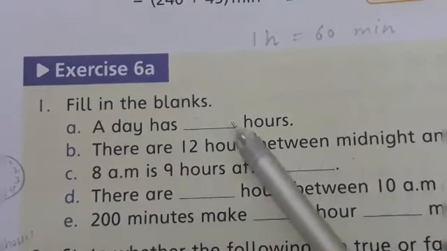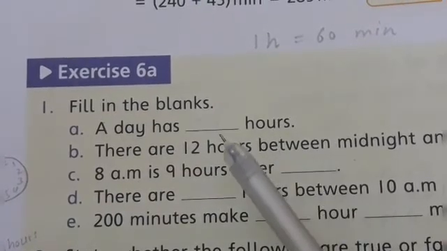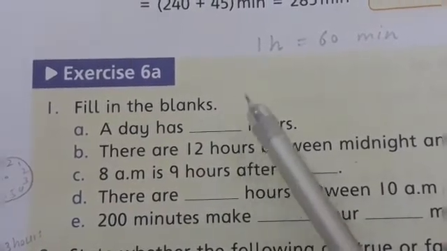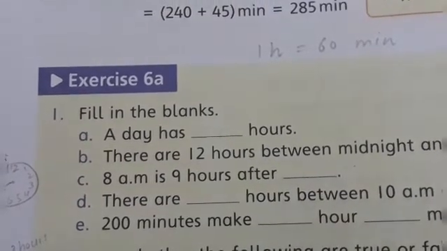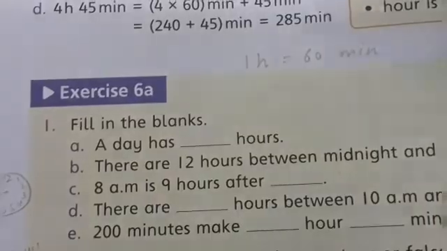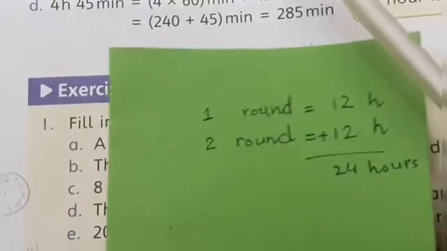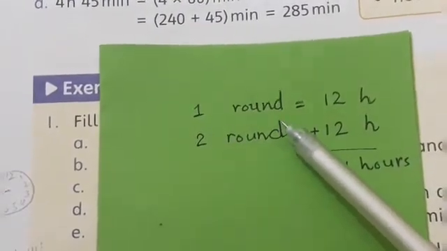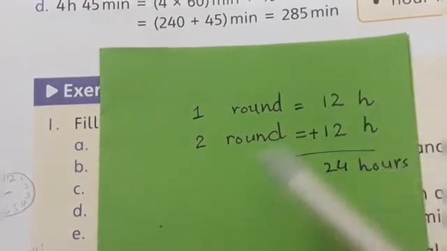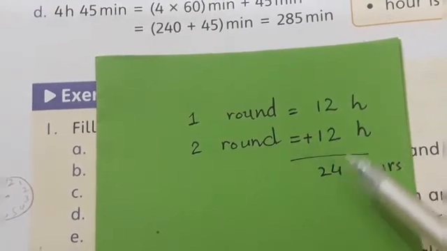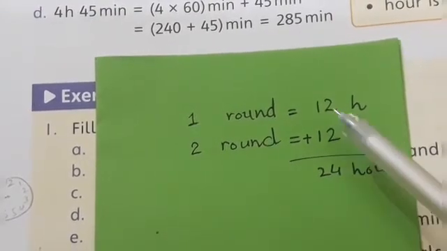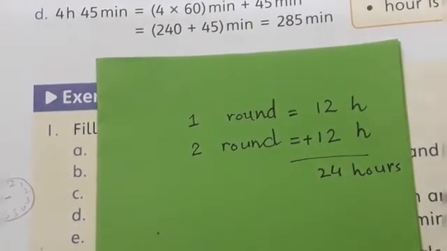A day has dash hours. As I told you, the clock takes two rounds in a day. In one round there are 12 hours, and in the second round also 12 hours. We add both and it becomes 24 hours.